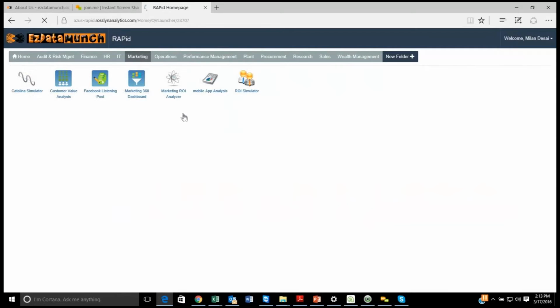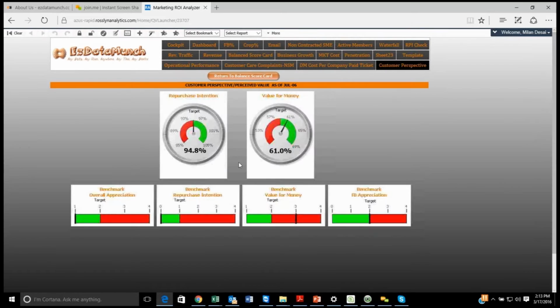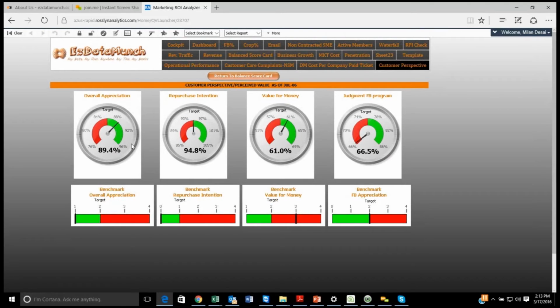Basically it talks about customers who are looking at whether they appreciate your food, your restaurant, the quality of service that you provide, what is the typical overall repurchase intention, whether they think your restaurant provides value for money, and if you are looking at any loyalty programs and how your loyalty programs are doing. So there is a lot more analysis that we do. It's not just your POS data or your other data sets, financial data sets, or budget or forecast data sets, or HR data sets.